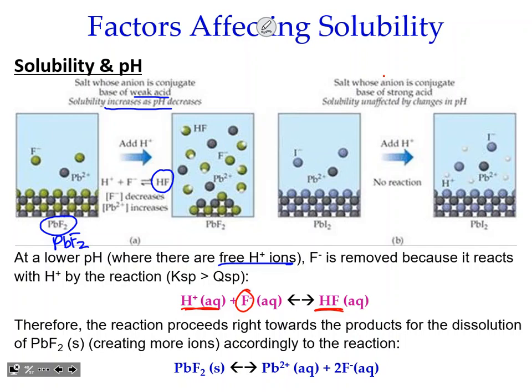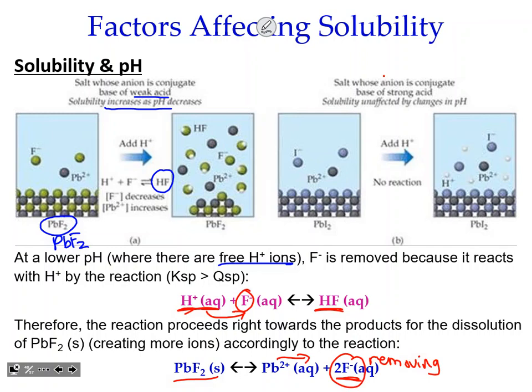So if you have a salt like lead 2 fluoride that dissolves and produces a little bit of fluoride, but you have free hydrogens binding up that fluoride, that's going to push this way, because essentially you're removing this. And according to Le Chatelier's principle, if you remove product, you create more product.